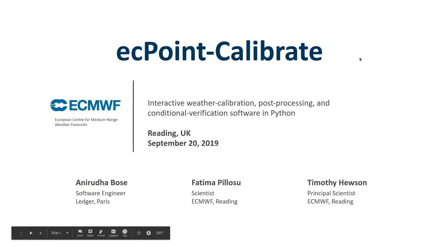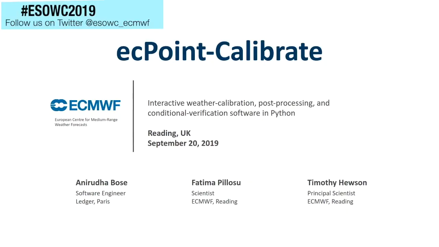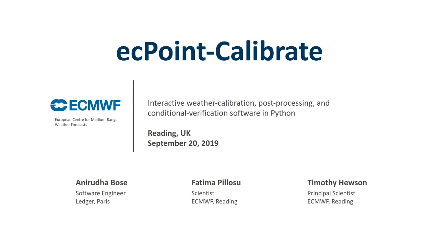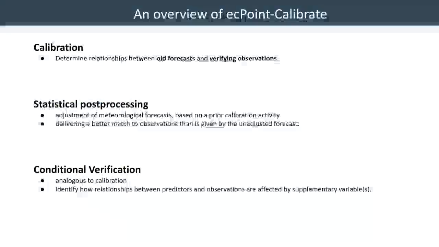So I'll present to you the software, which is really an iteration over software that I already worked on in the last year. To give you an overview of what this software is about, it mainly has these three components. First is calibration.